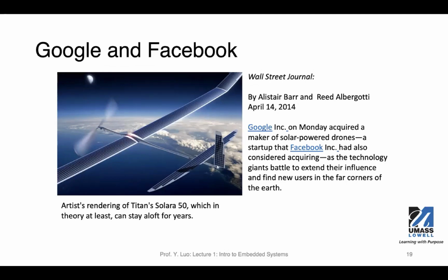The purpose of this drone is to provide uninterrupted network connectivity to remote areas using this autonomous solar-powered drone, which can fly for weeks and months.